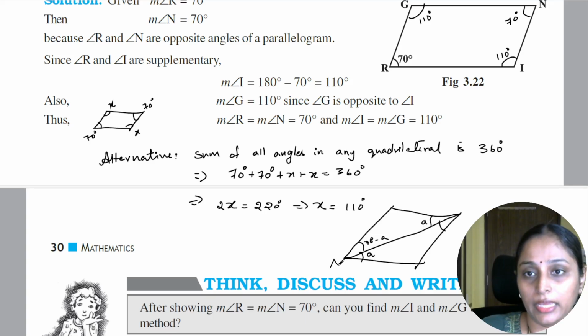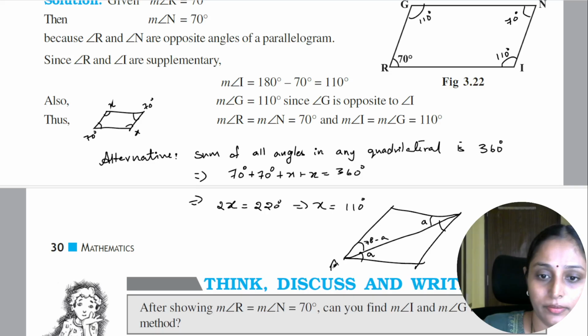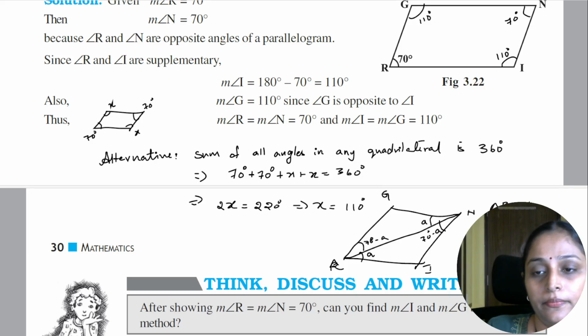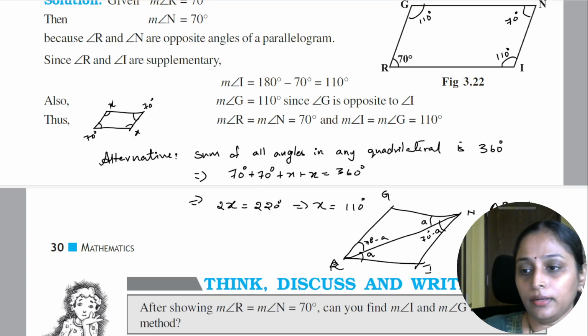If I consider RN as my diagonal, this is also A, that makes this 70 minus A. Now consider this triangle RIN. Sum of all angles in a triangle is 180 degrees.